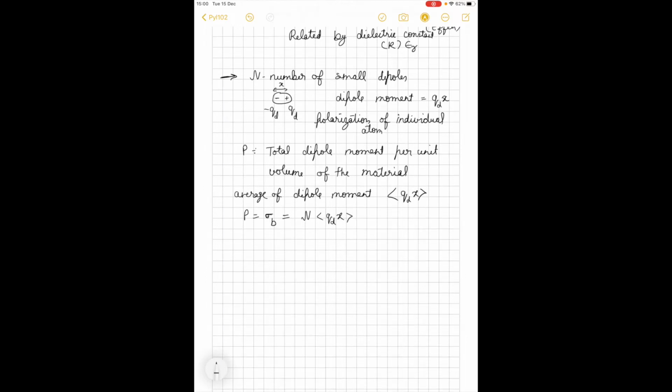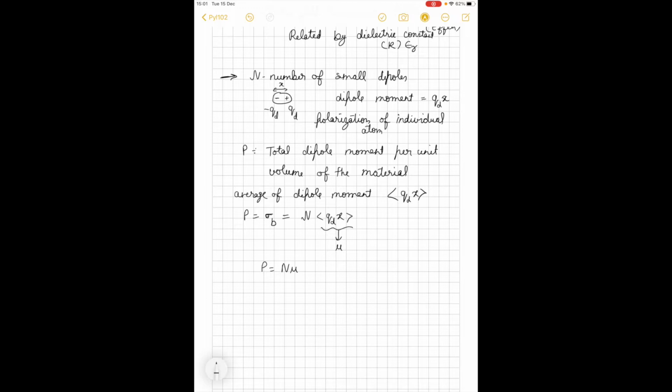We can also denote this average dipole moment as mu. So then we can write P is equal to n mu. Mu is the dipole moment basically.